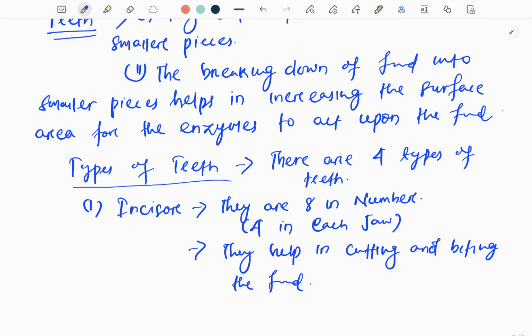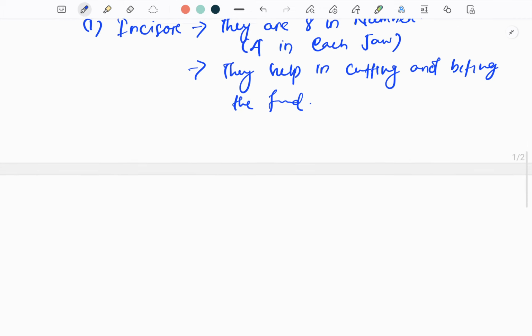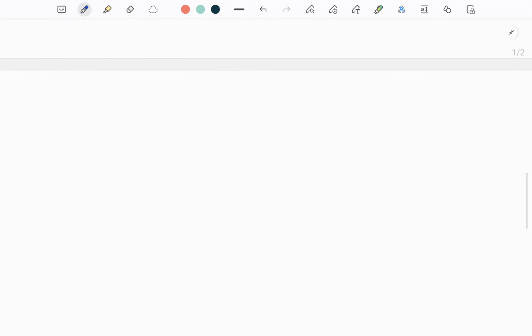Okay. Next, the next type of teeth is canines. They are 4 in number, 2 in each jaw.